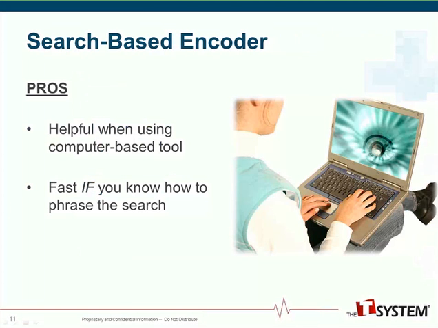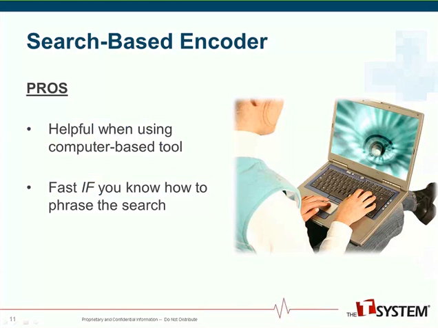The search-based encoder is just that. One advantage of using it is that instead of opening up the book, looking in the alpha listing for your condition, and then verifying it in the tabular, you're using a computer to facilitate your search and make it just a little bit faster.